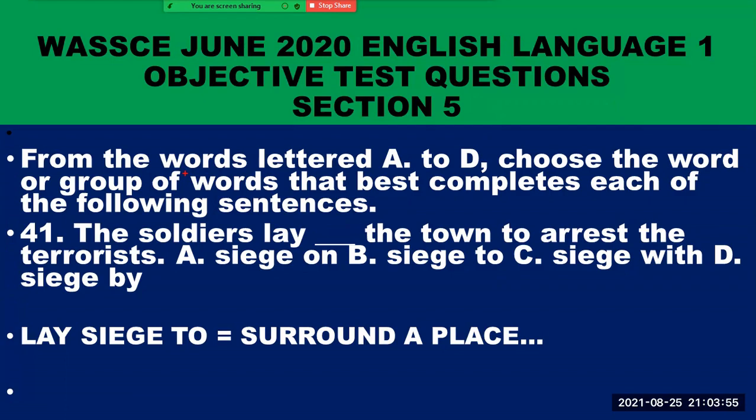There are certain words that collocate with each other, and there are certain words that do not collocate. So here we are to find the exact collocate, and we want to use question 41 to illustrate how you can answer questions correctly in section 5.